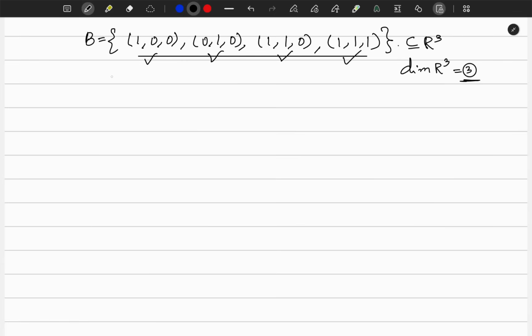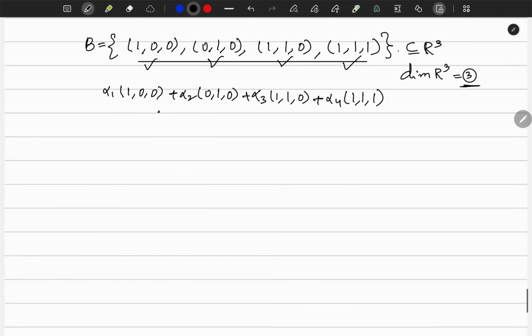How will you check? You will write alpha 1 times v1, that is (1, 0, 0), alpha 2 times (0, 1, 0), alpha 3 times (1, 1, 0), alpha 4 times (1, 1, 1). You can also create a matrix: 1 0 0, 0 1 0, 1 1 0, 1 1 1.